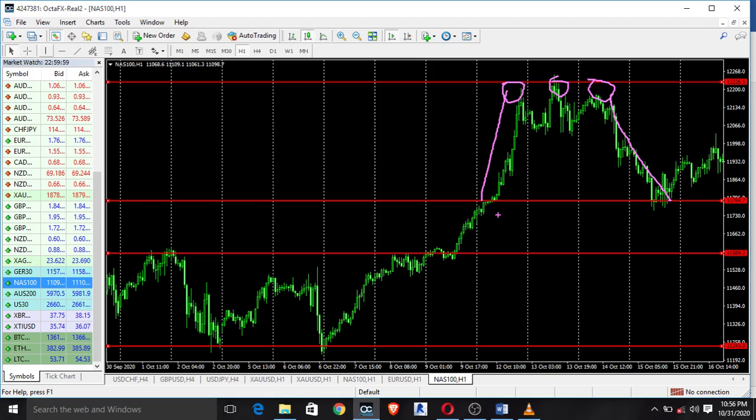Kun gani? So kun gani daga nan gashi triple top, very strong area. See?